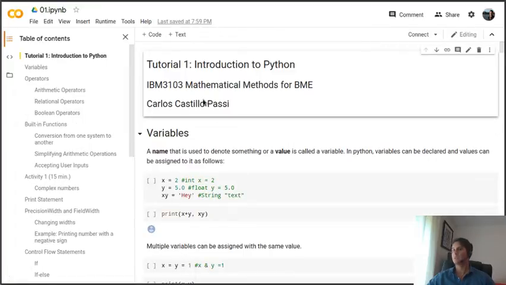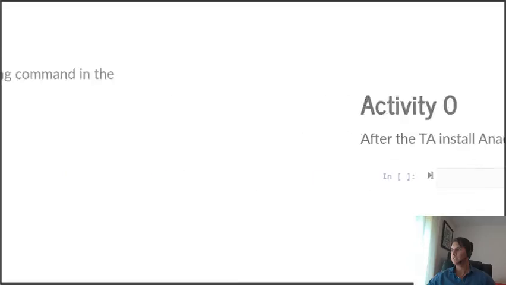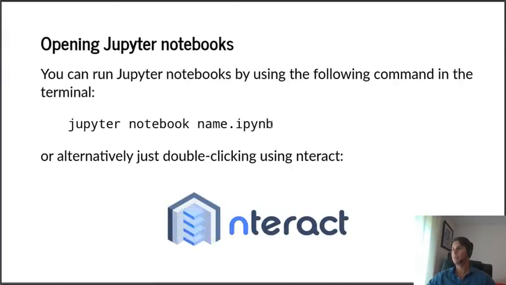Yes? How do you make the code appear in the text? For example, in the part of title, subtitle, how do you, if you want, for example, in this slide, I put something that is code.